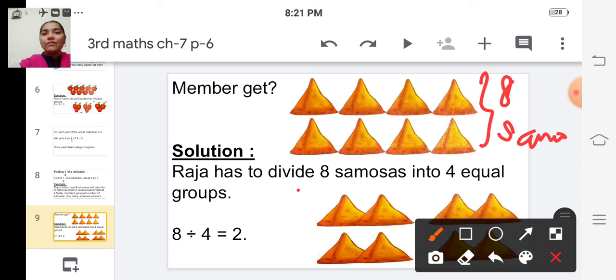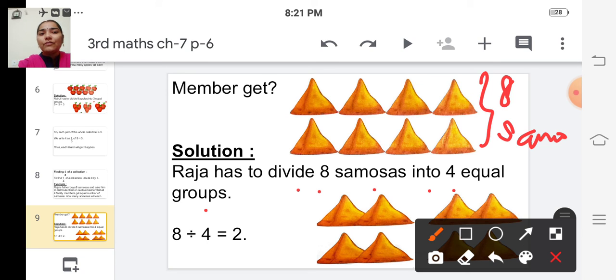Raja has to divide 8 samosas into 4 equal groups because his father wanted to distribute them to his 4 family members equally. So he has to distribute it into 4 equal groups.